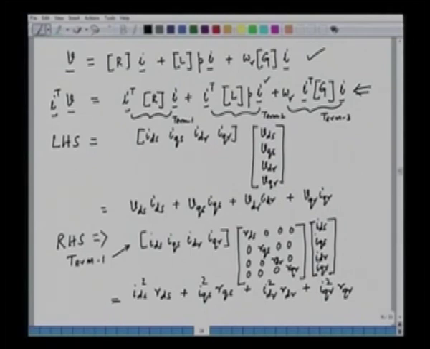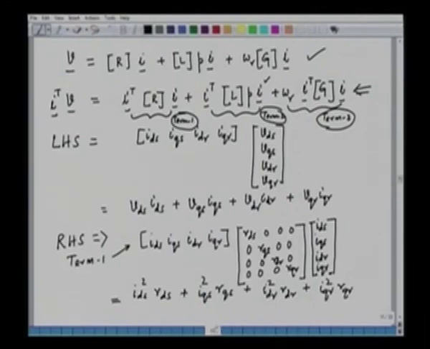We have already seen that term 1 represents the losses of the system, the i square R loss, term 2 represents the power associated with the magnetic field, or the power stored in the magnetic field, and the third term, omega r i transpose G i, is the mechanical power output.